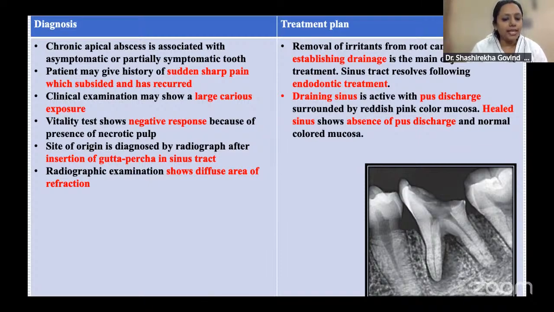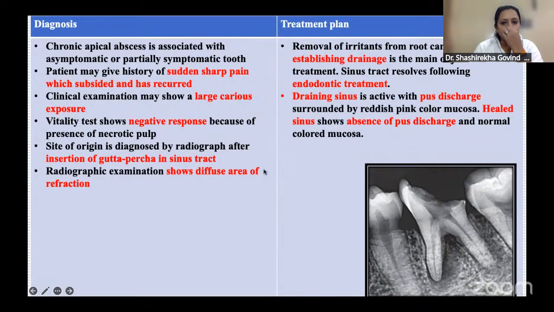On clinical examination, it shows large carious exposure, and the vitality test will usually be negative. The site of origin is diagnosed by radiograph after insertion of gutta percha into the sinus tract, as I showed in previous slides. On radiographic examination, it shows a diffuse area of rarefaction.